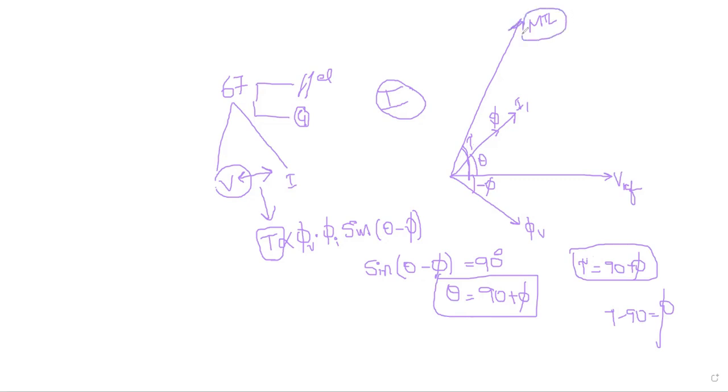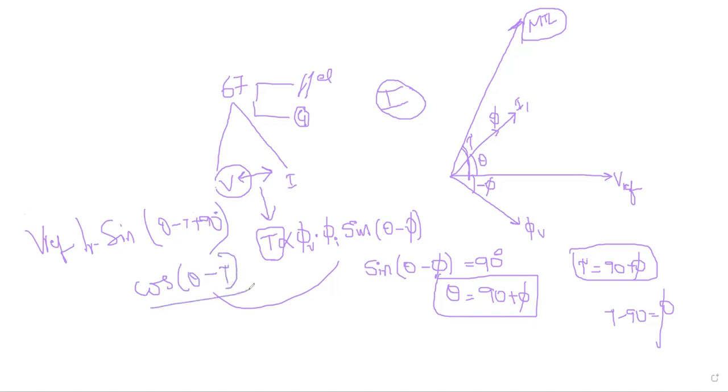So that is the maximum torque line. Again, if I implement the same here, from V reference to the I reference, sine of theta minus phi, where phi is tau minus 90, gives theta minus tau plus 90, which is obviously cos of theta minus tau. The cos value should be positive, because when the torque is positive, the relay will operate.